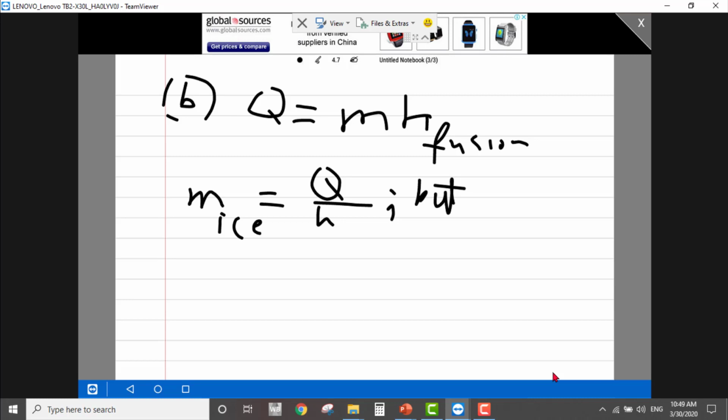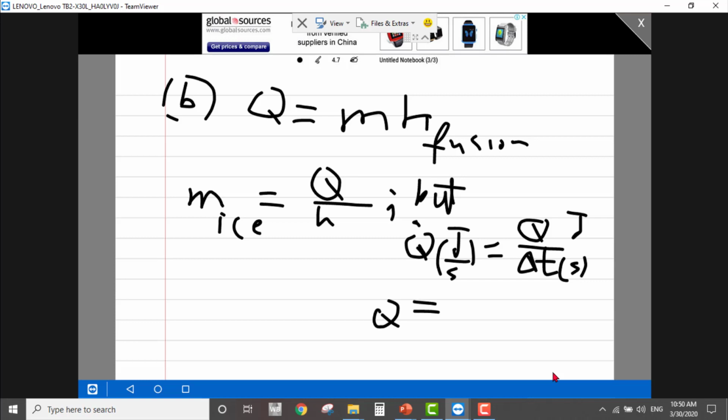In the previous part, we could find Q dot, where Q dot is joule per second, remember its unit, or watt, and this is equal to Q over delta time. So in order to calculate Q, which is in joule, and this one is in seconds, Q equals Q dot multiplied by delta T.